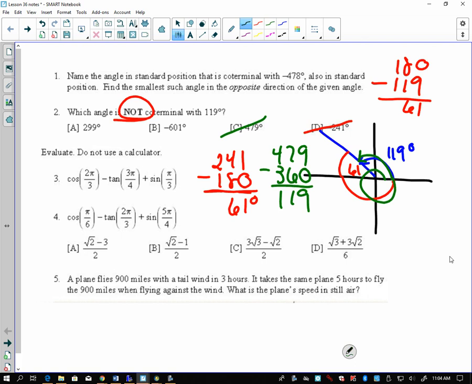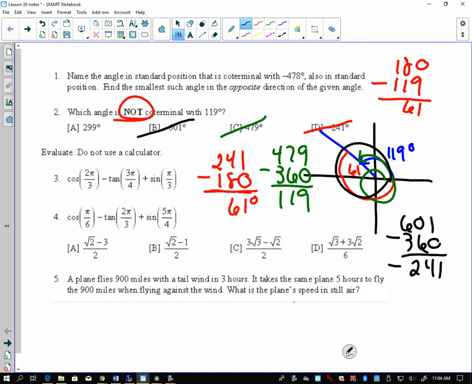Negative 601, so I'm going to be going around this way. Okay, I'm at 360. So 601 minus 360. How much do I have left? 241. And could we tell that's going to do the same thing as that 241 does? Actually, in the same direction, right? Because that was a negative 241. I'm going to keep going negative 241 degrees around. So negative 601 is coterminal.